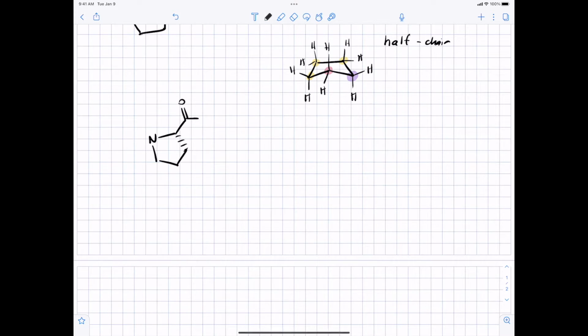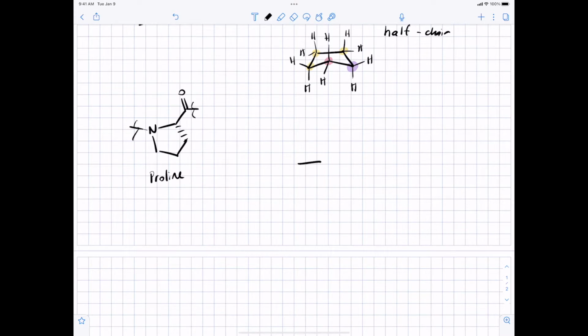I'll draw what it would be like in a protein. So this is the amino acid proline, and then carbohydrates, for example, the ribose ring of a ribonucleotide.